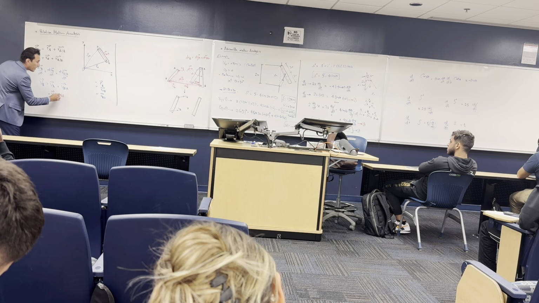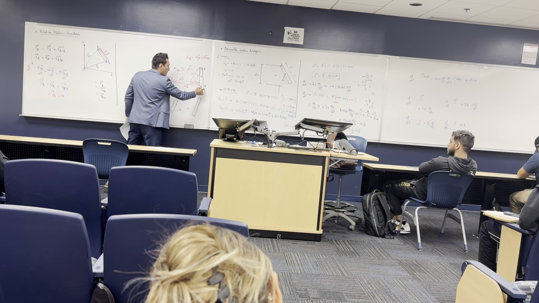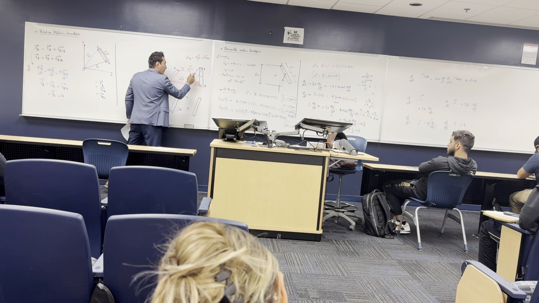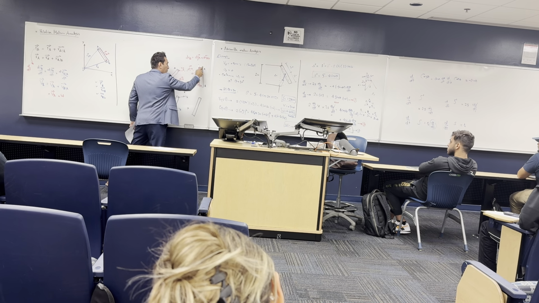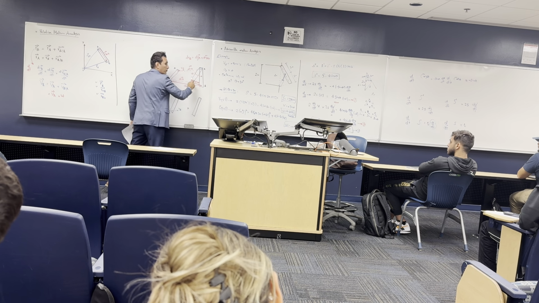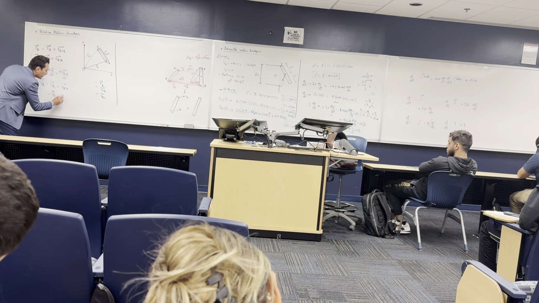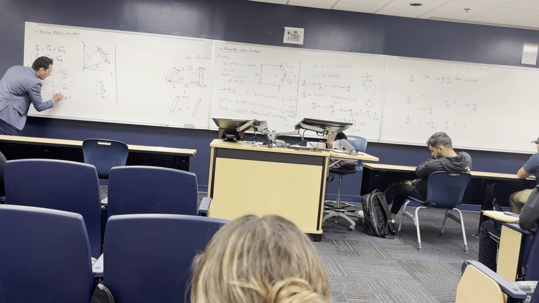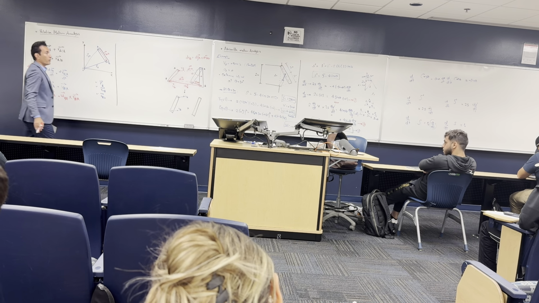This one is gonna be the omega of this body, how this body can rotate to get to this point. We need to find this omega. If we find omega and we want to find the velocity of this one, it's omega multiplied by RB with respect to A. So this is going to be omega of the body cross product RB with respect to A.